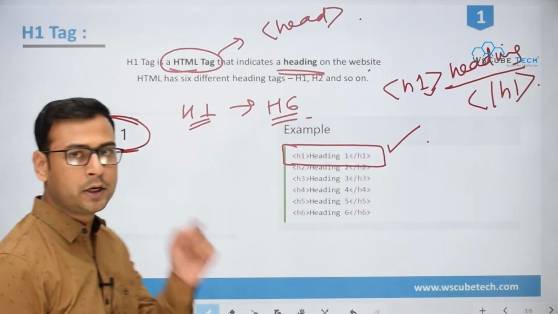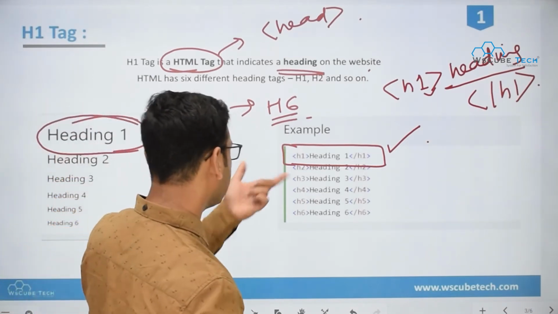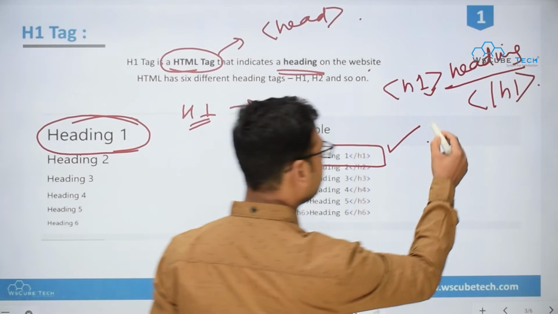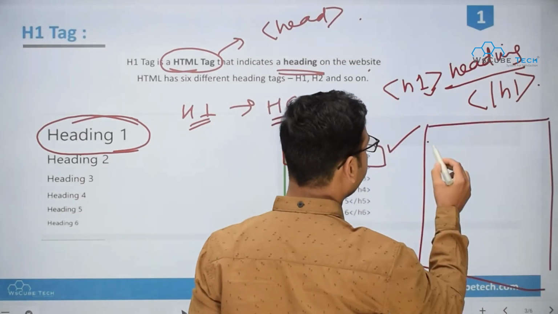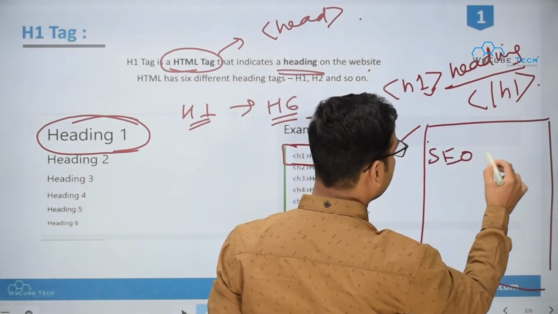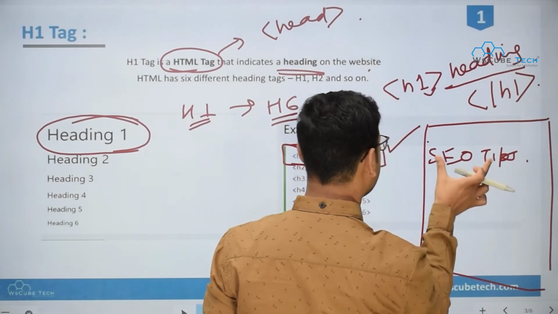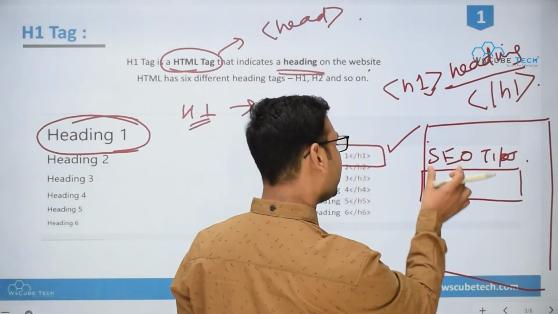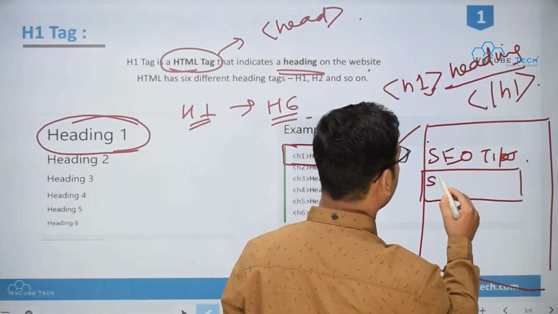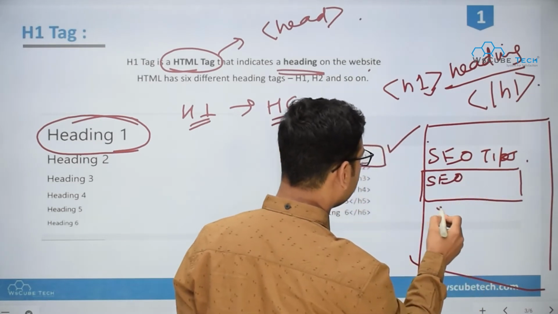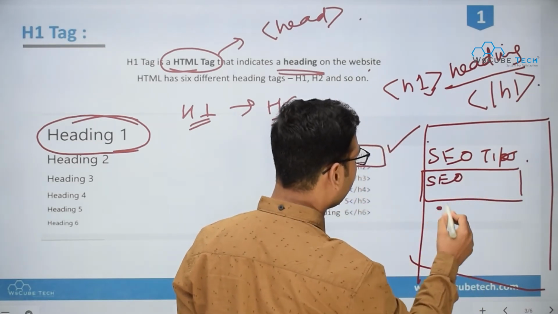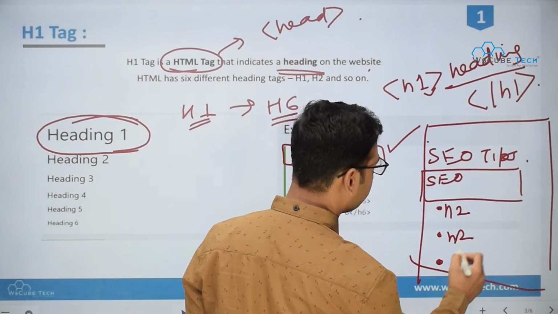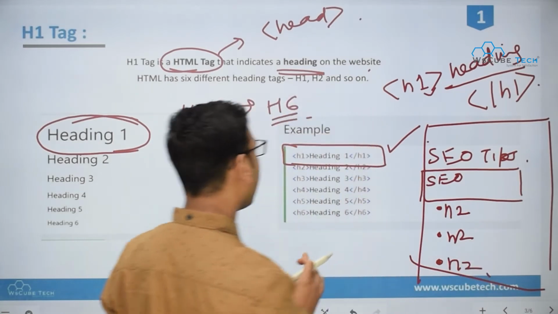Now what they actually do: when you write an H1 tag, suppose this is your web page and you have written something like SEO tip. So this is your H1 tag, which is largest in size. You have written some content about SEO over here. Now you want to mention other things, so you put them into an H2 tag. So it basically gives you a structure.